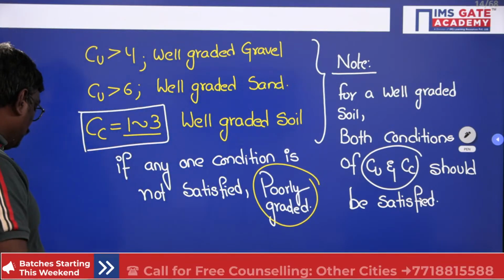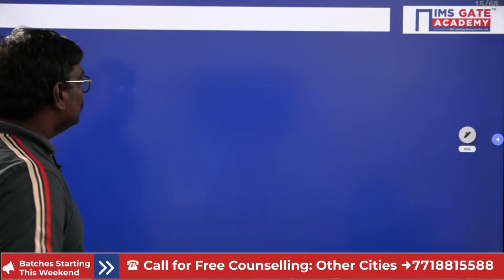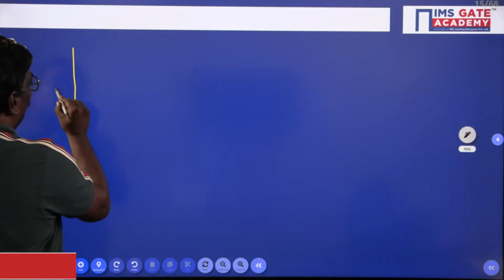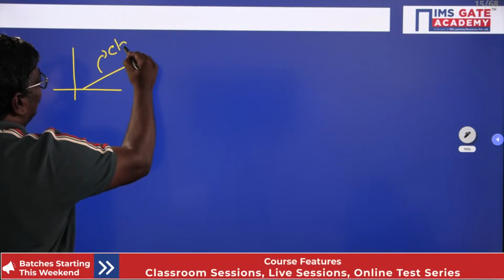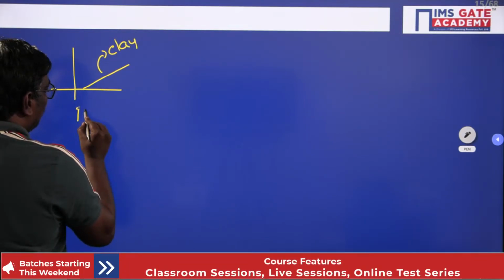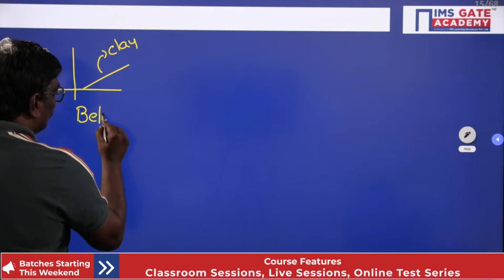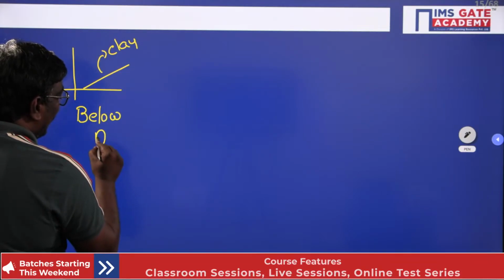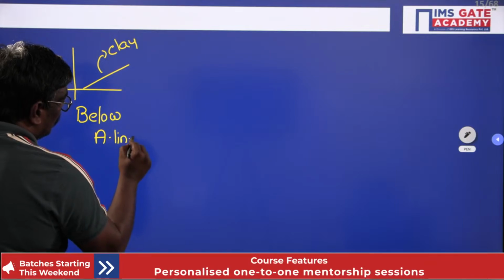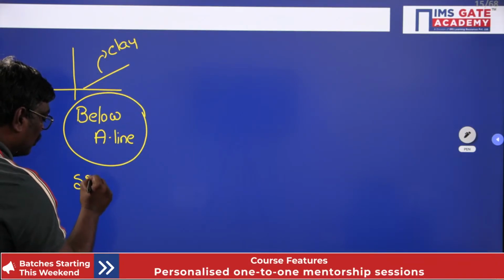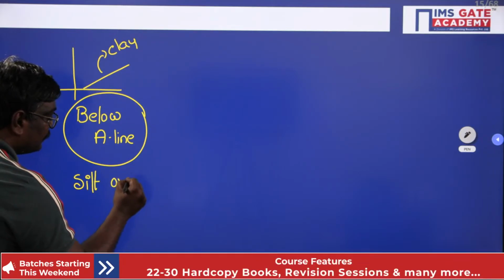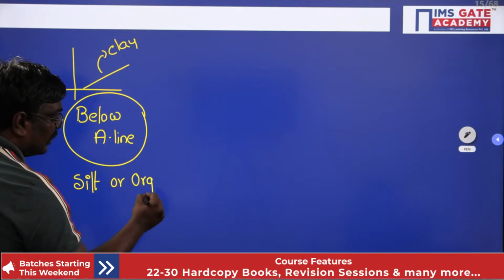Now, my dear students, I thought Srujana will ask me this doubt. Sir, when you are talking about the A line, when it is above the A line, you are telling it is clay. But below the A line, my dear students, it can be silt or it can be organic soil.